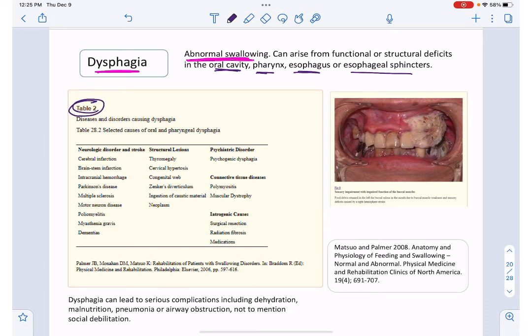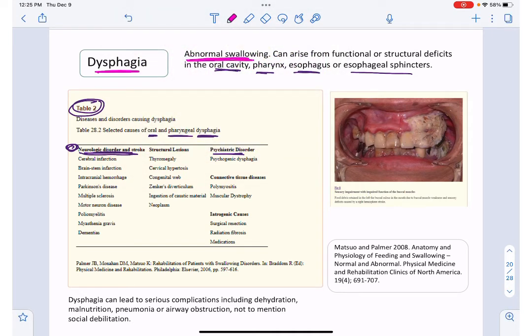And this table just shows some of the different causes of different forms of dysphagia, in this case in the oral cavity and in the pharynx. And a lot of these are neurologically related. Neurological disorders or strokes. Even psychiatric disorders.